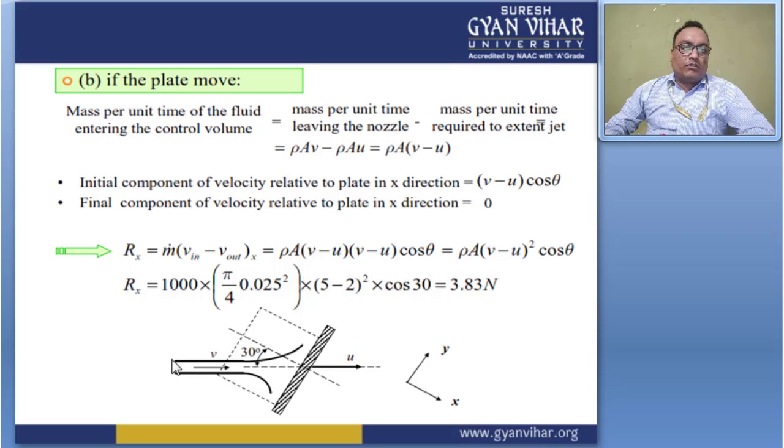Then put in the values. The density of water is 1000, pi by 4 times 0.025 squared, which is the diameter of the jet, and 5 minus 2, these are the two velocities, and cos 30 is the angle which is created with the normal axis of the plate.